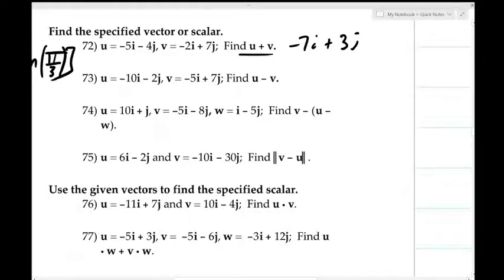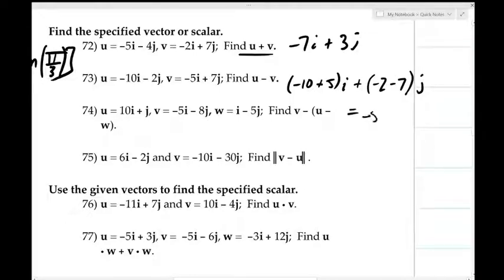Number 73, we're doing u minus v. So we subtract negative 10 minus negative 5, which becomes positive 5. So negative 10 plus 5, i plus negative 2 minus 7j.